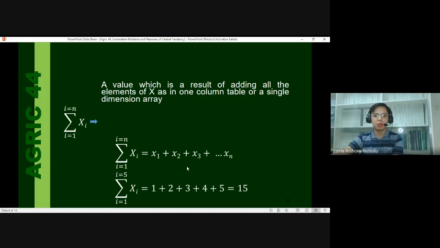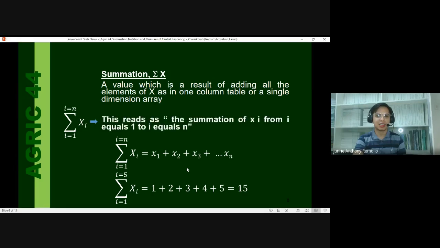As you can observe, there are 5 values, 1, 2, 3, 4, and 5, and that would represent the n. Since i is equal to 1, we start adding from 1. If we change i into 3, then n is equal to 5, so we will add 3, 4, and 5. Okay? So that is a total of 12.